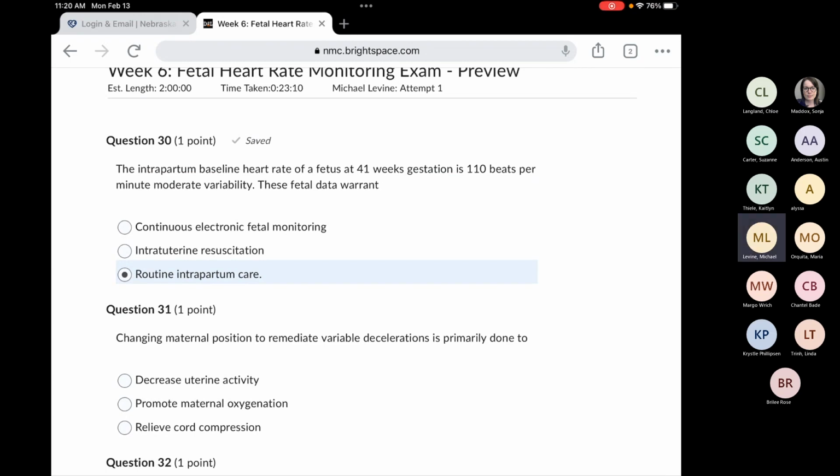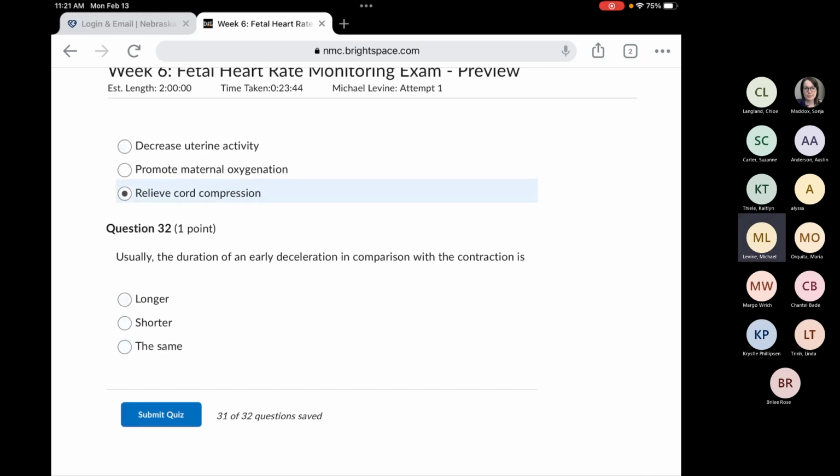So, changing maternal position from side to side with variable decelerations is used because variable decelerations usually are indicative of cord compression. By moving the patient side to side, sometimes it will dislodge a cord that might be up against a fetal part. However, if it's a cord around the neck, it won't help. If it's around a limb, it might help. So the answer is to relieve cord compression.